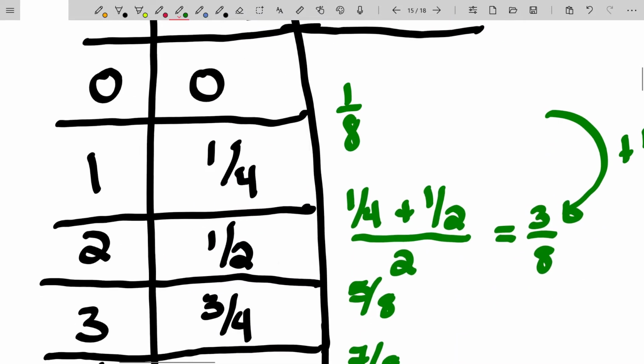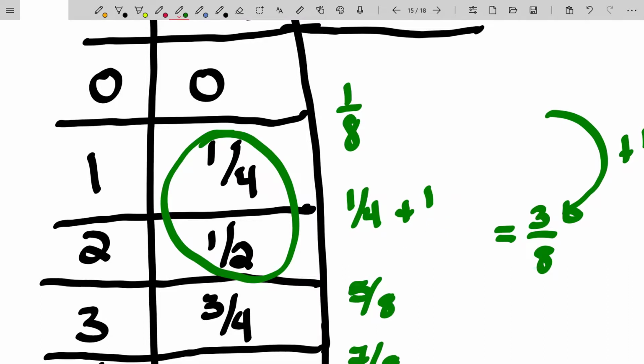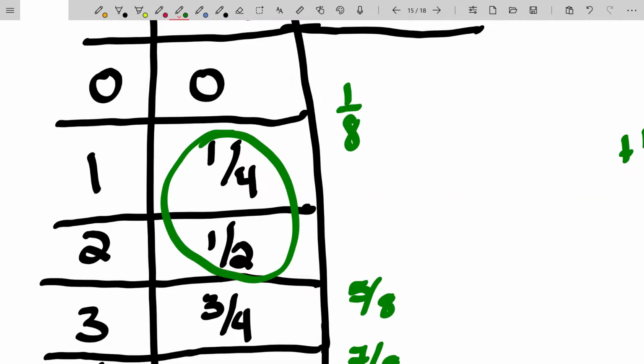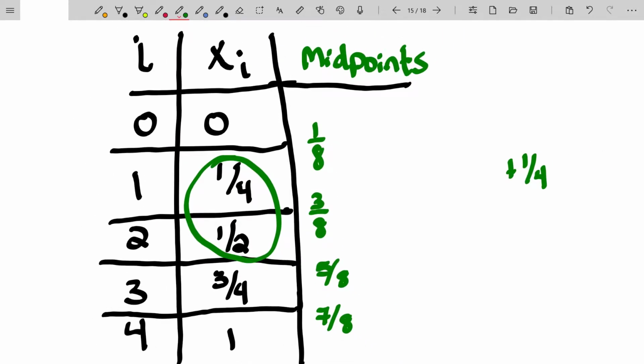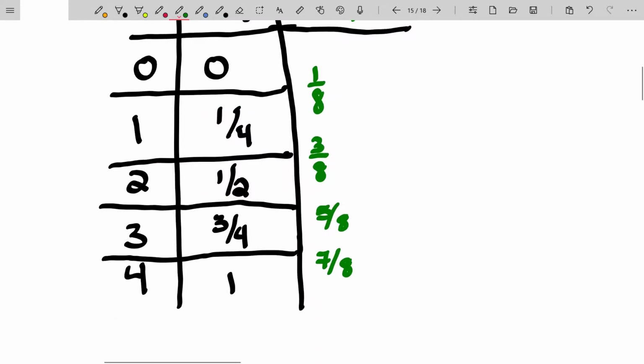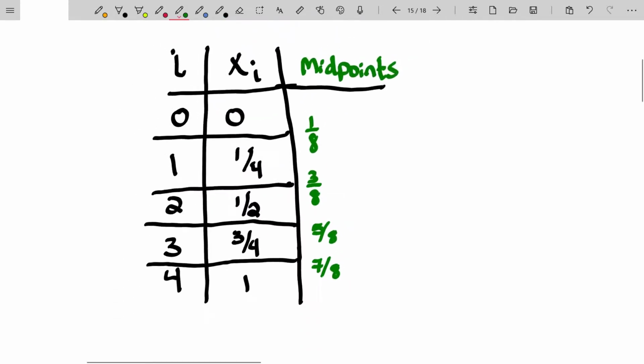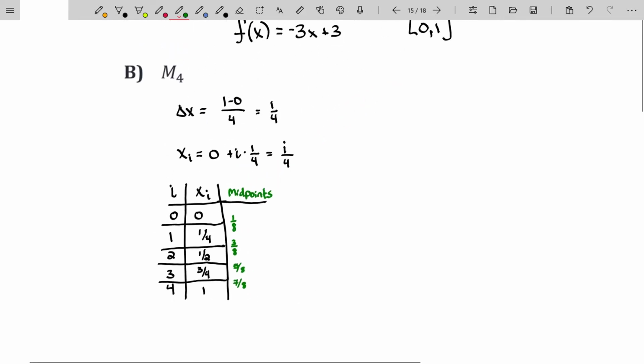And then in the next group, again, I computed their average. Their average was 3/8, but in reality, I rarely do that. I actually just add the step size. The step size was 1/4 or 2/8. 2/8 plus 1/8 is 3/8. And then the next interval would be 5/8 and so on. So those are our midpoints.